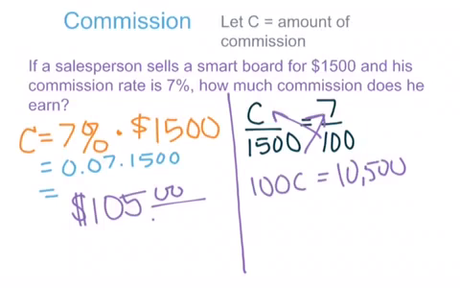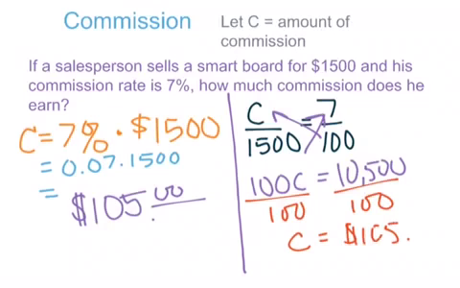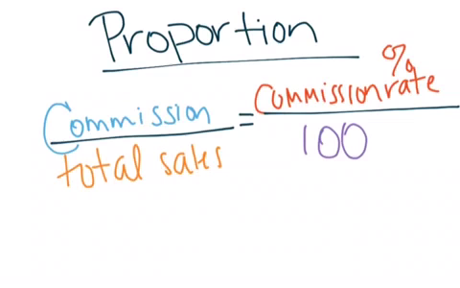Now let's divide by 100. And your amount of commission is again 105. Again, labels are very important here. If you're looking for the commission rate, you want to add a percent, and everything else is going to be with a dollar sign in front of it. Okay, there's your proportion again.